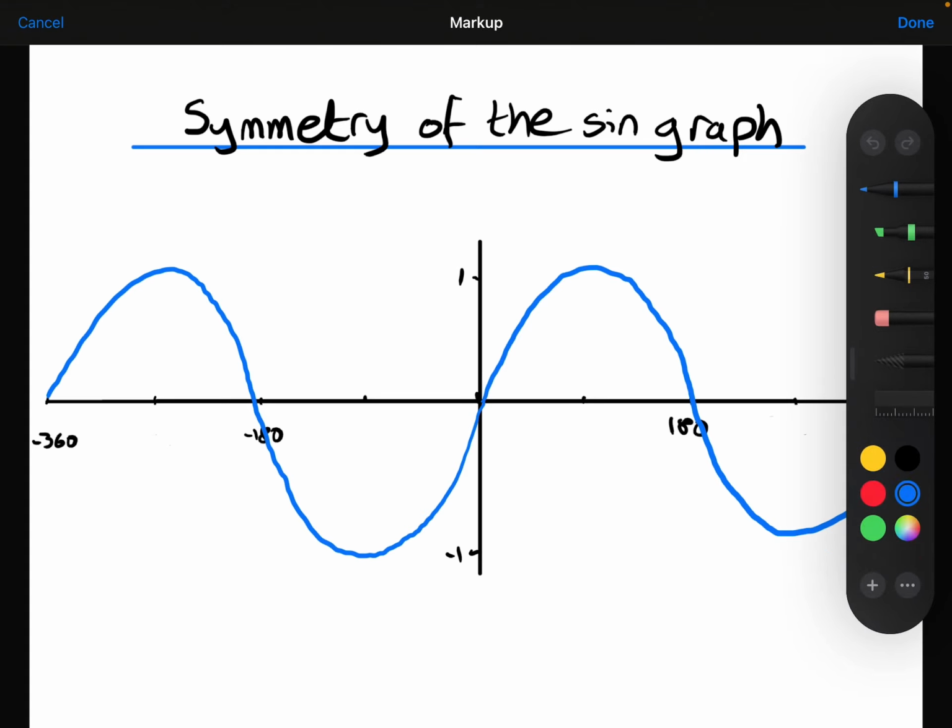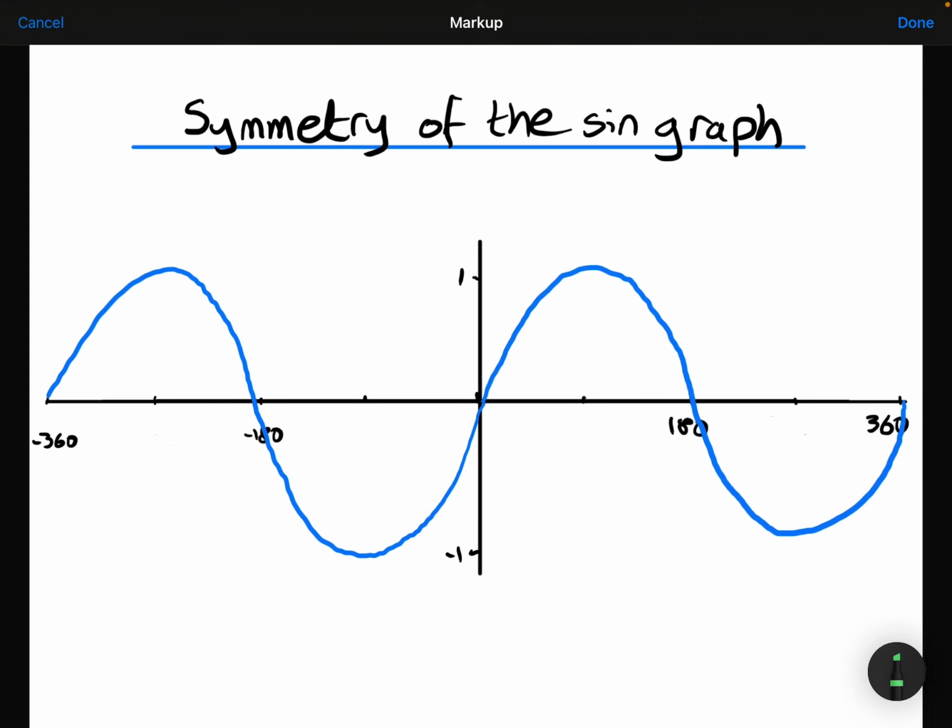So what do I mean by this? Well, the sine graph is symmetrical such that I know that this is going to be the same as this, which is the same as this, which is the same as this.